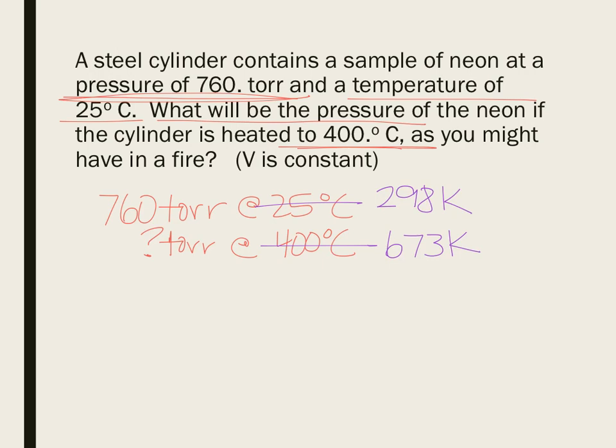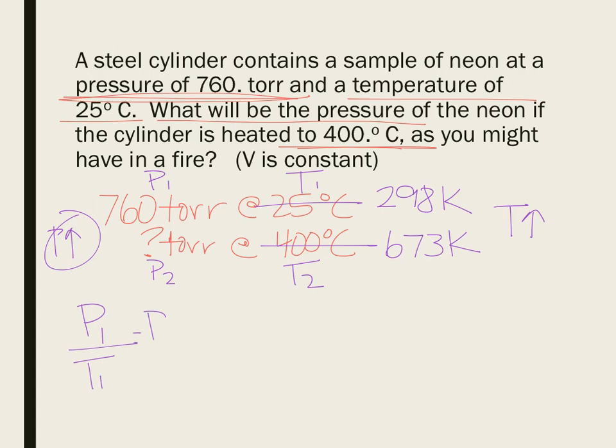Then I'm going to identify a pressure 1, a pressure 2, a temperature 1, and a temperature 2. Notice my temperature is increasing, so my pressure should increase according to Gay-Lussac's law. The formula is P1 over T1 equals P2 over T2. And then I just plug it in.